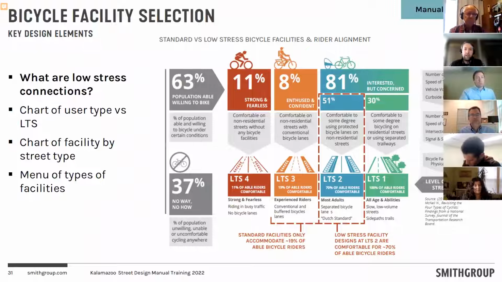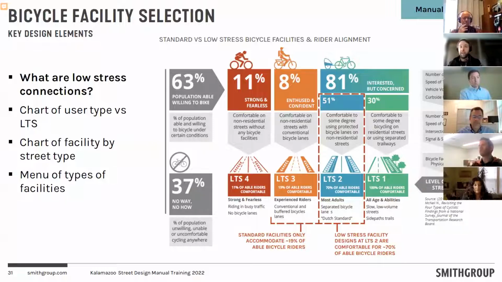Another big one is on bicycle facility selection. At the start, the bicycle design element chapter starts off with this bicycle facility selection design element, which is required on every single street type. And really what this design element does is it provides a chart, which I'll show in a second, that asks the project team to answer some questions around bicycle accommodations on that street to determine whether or not it should be a low stress or a high stress bicycle facility street.